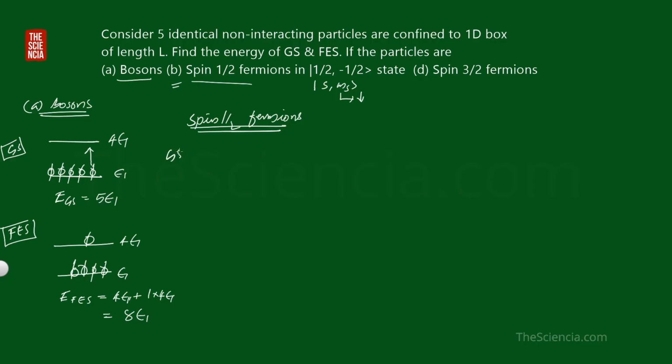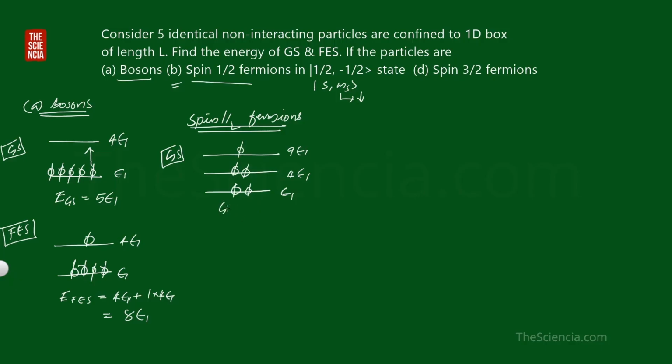What will be the ground state energy? These are the different energy levels of the 1D box: E1, 4E1, 9E1. There are a total of 5 fermions, so each state can contain a maximum of 2, one in the up spin state and the other in the down spin state. So this will be the arrangement.